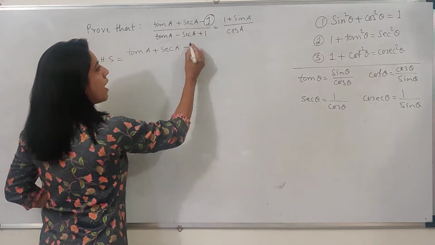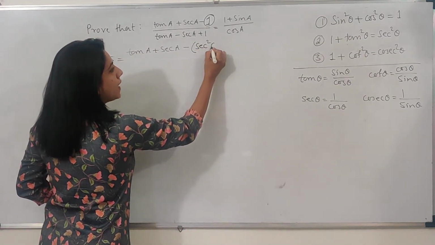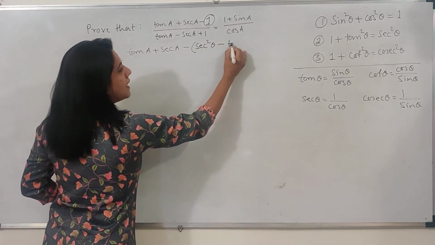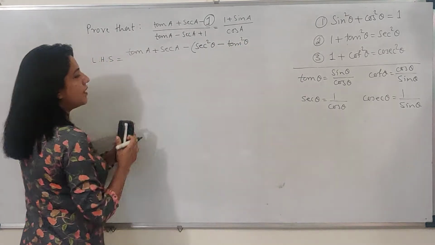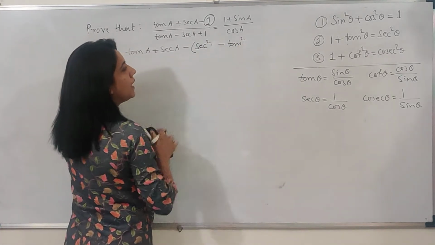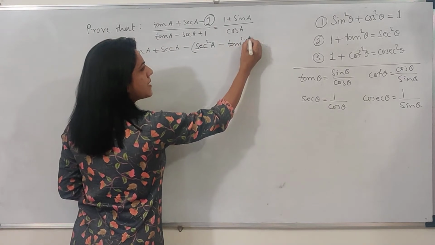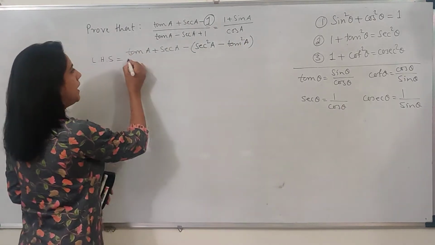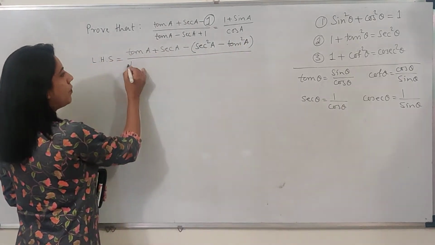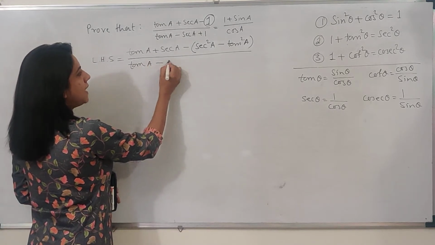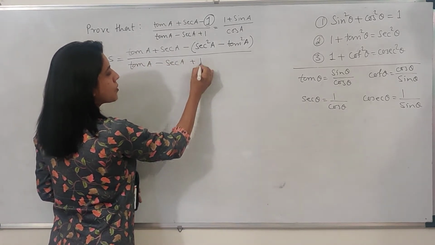So in place of 1 we are going to write sec square theta minus tan square theta. Here our theta is A, so we are going to write A. This A is the angle only, so don't worry about it. The denominator will remain the same, that is tan A minus sec A plus 1.